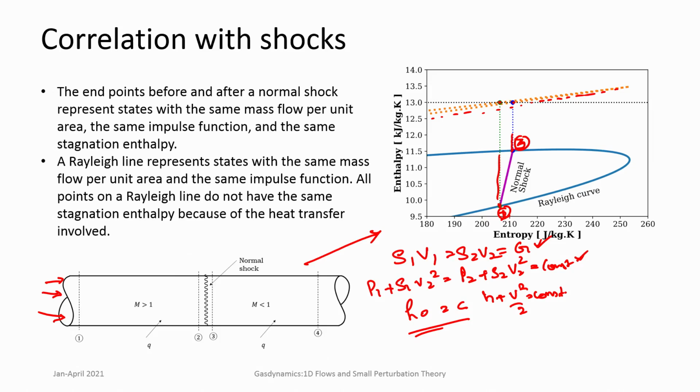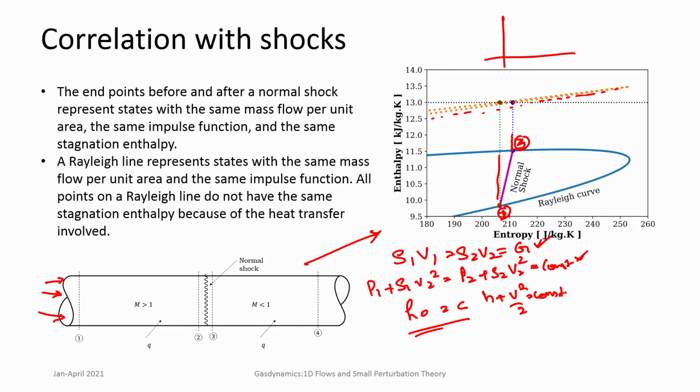This also brings about an interesting point. In the Fanno curve, we have seen that if a shock appeared, it had an effect on the maximum length of the duct that can be had for achieving sonic conditions. The appearance of a shock actually increased the maximum length.